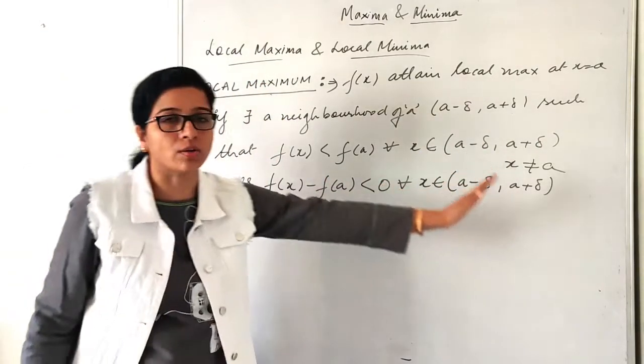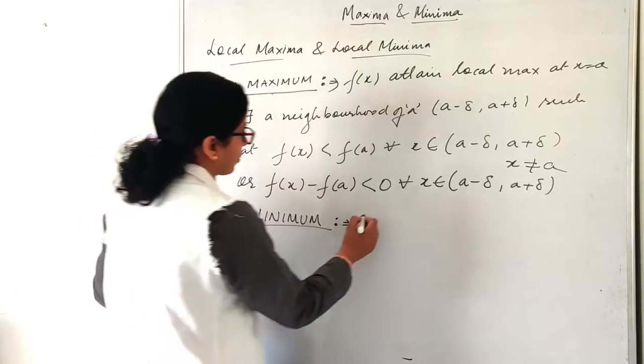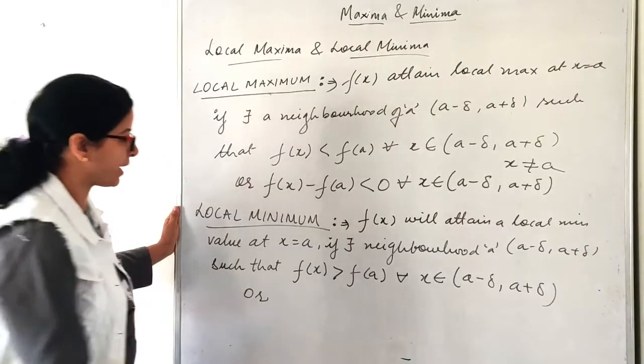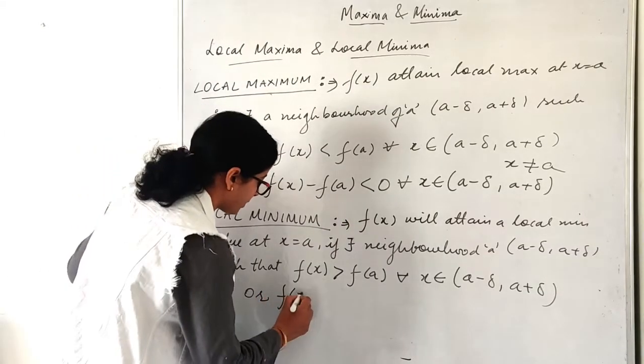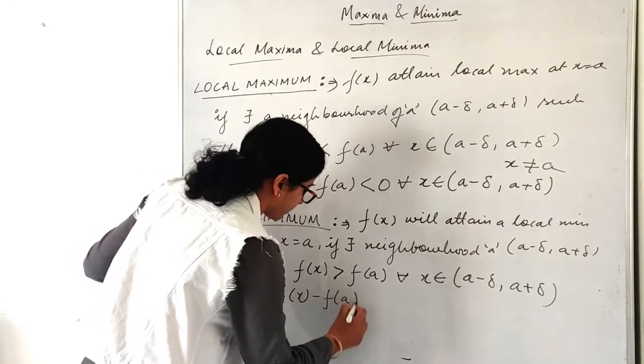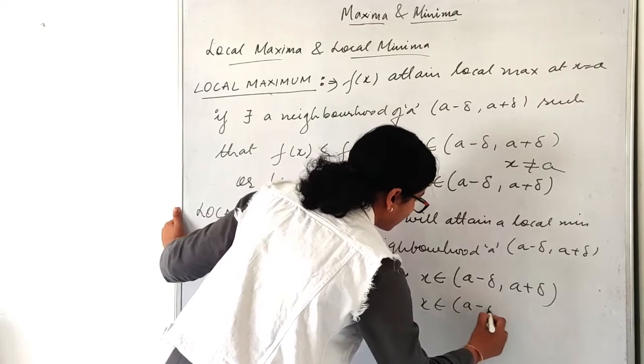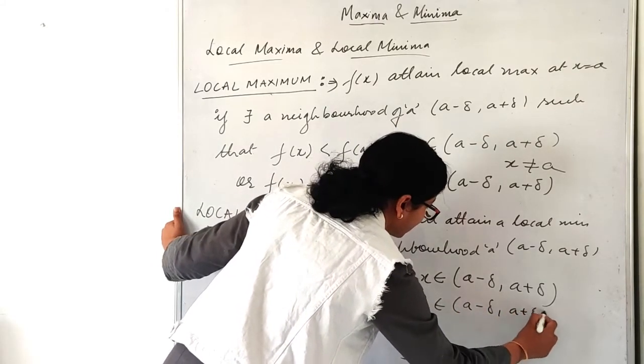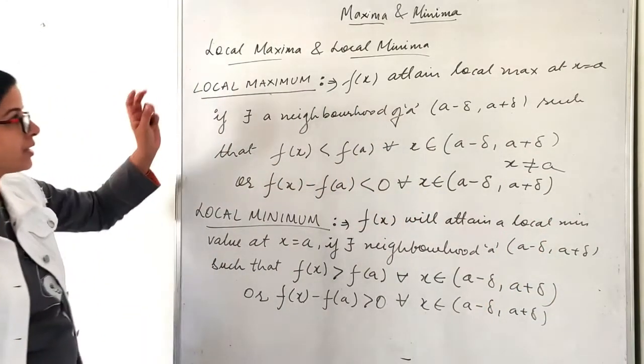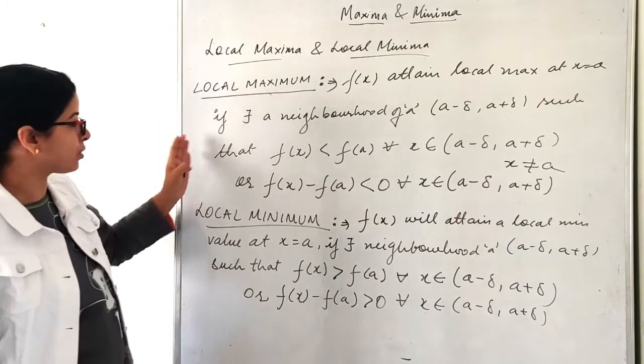Where x is not equal to a. f(x) will attain a local minimum value, or I can write f(x) minus f(a) greater than 0 for all x belonging to (a minus delta, a plus delta), right? So this is about local maximum and minimum.